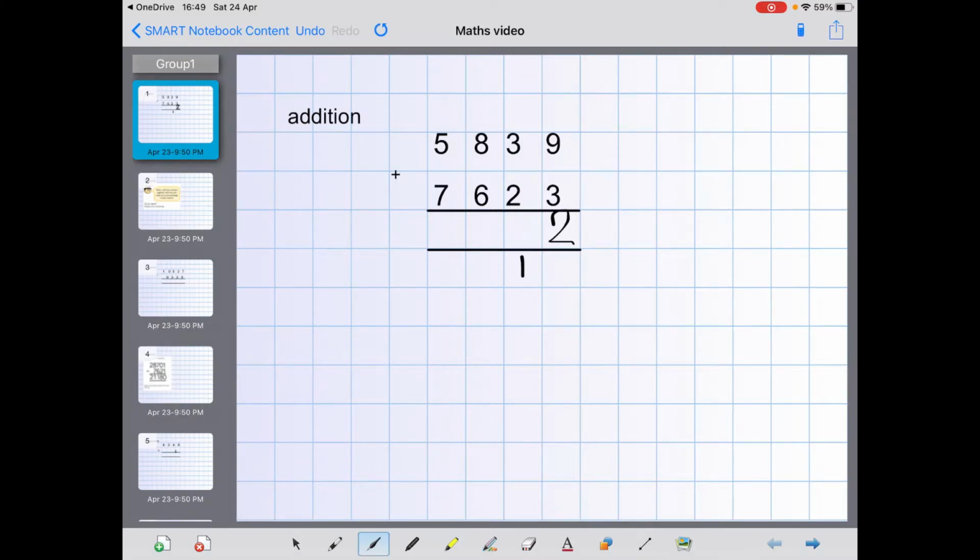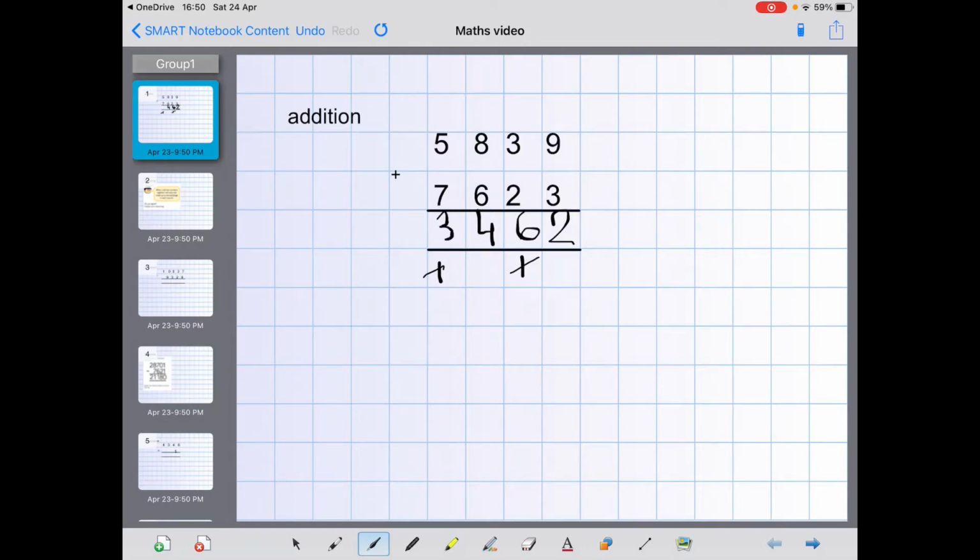3 add 2 is 5, and we mustn't forget to add that 1 that we carried. 5 add 1 is 6. 8 add 6 is 14. We put down our 4 and we carry our 1. 5 add 7 is 12, and let's not forget to add our 1, 13.